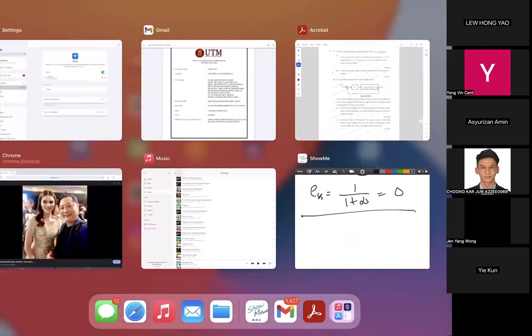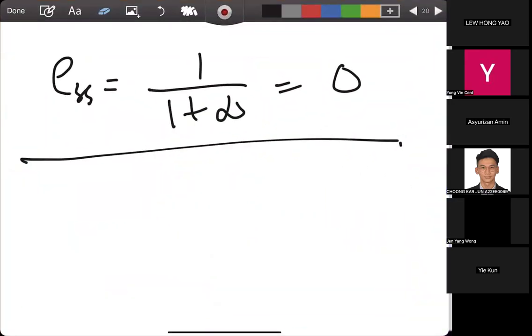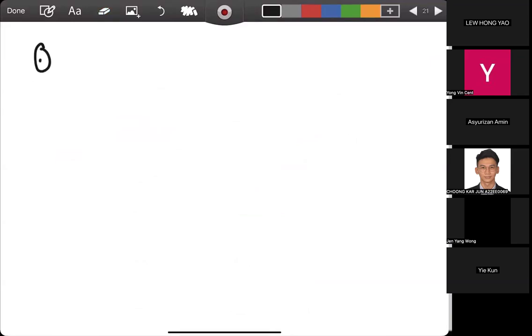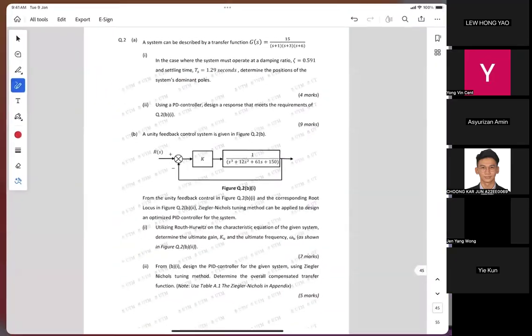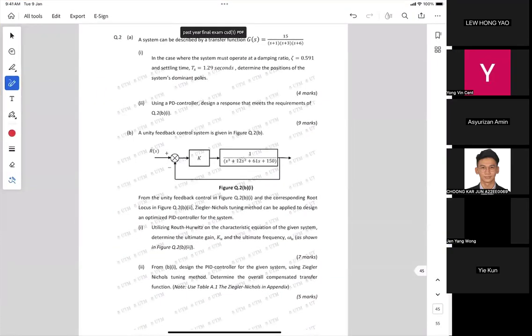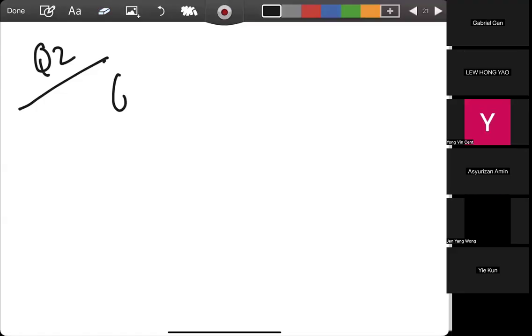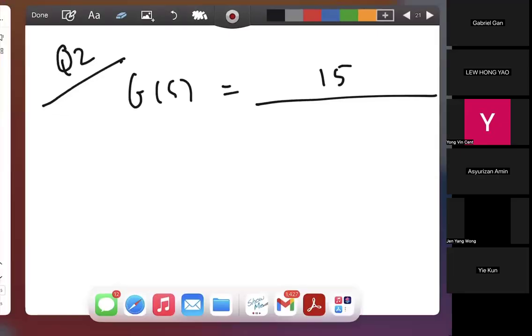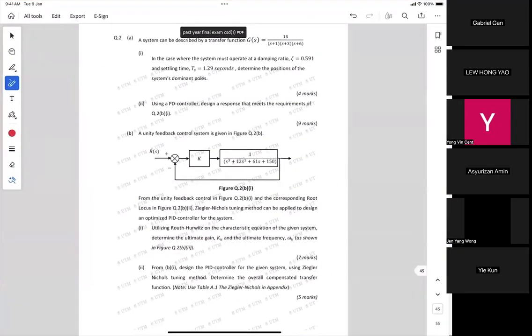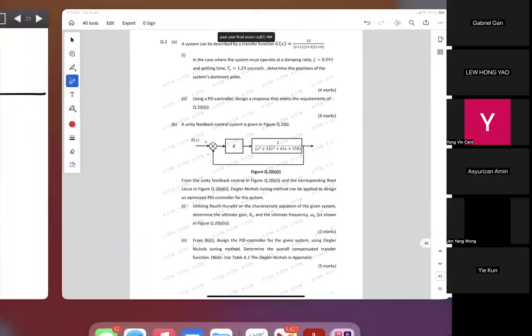So question 2: G(s) equals 15 over (s plus 1)(s plus 3)(s plus 6).